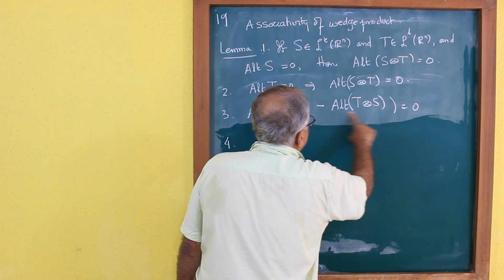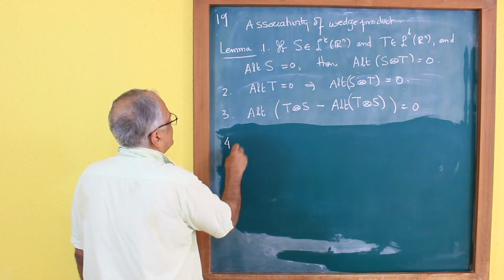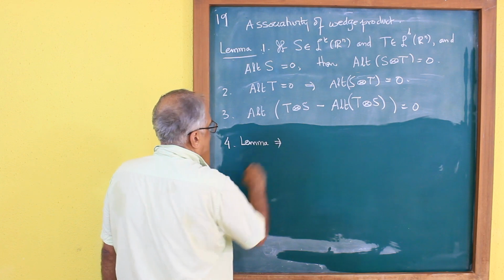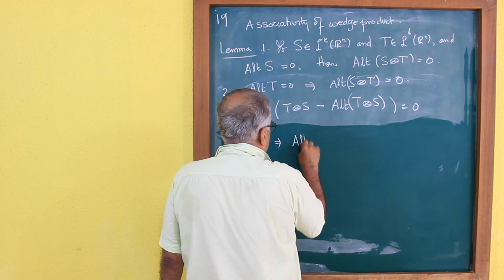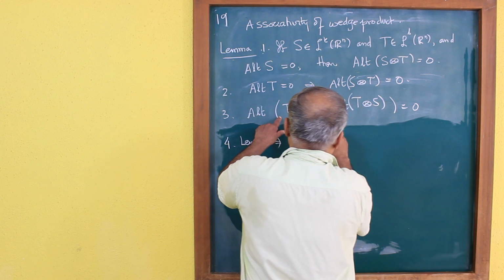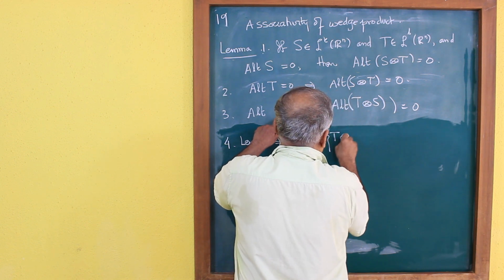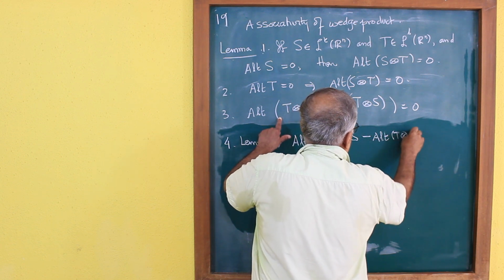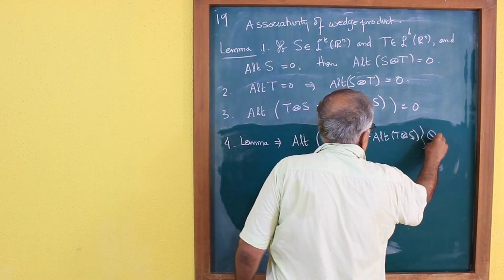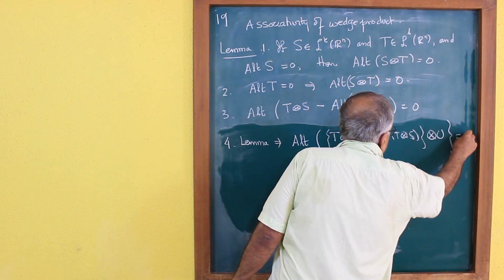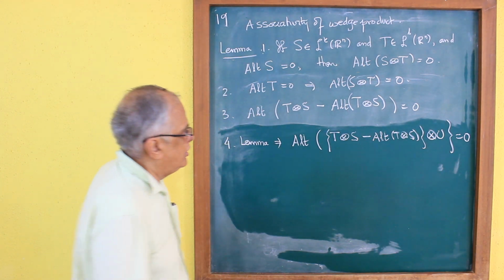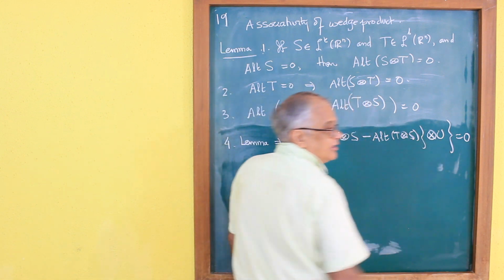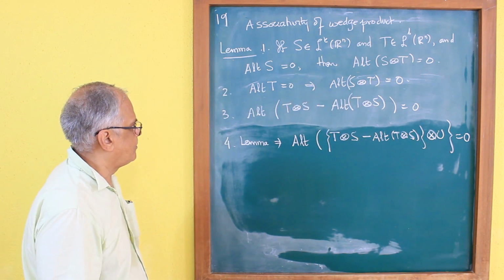So S I'm going to replace by this, and therefore the lemma gives that alt of this quantity, tensor U, is equal to 0. Why? Because alt of this quantity is 0. Therefore, alt of this quantity, tensor any U, is also 0. Okay?